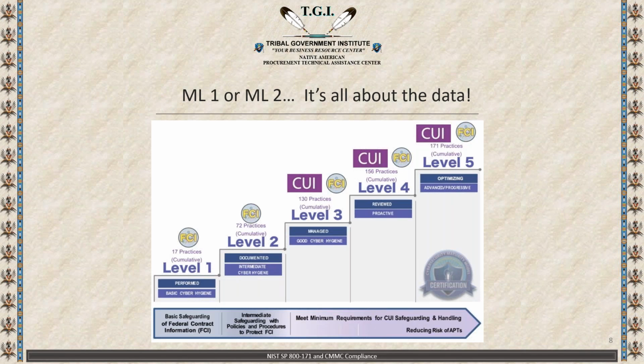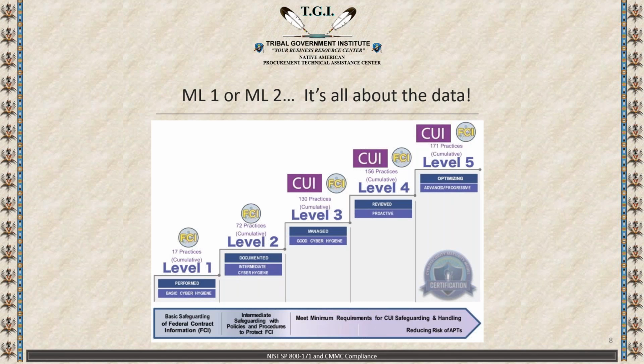CMMC maturity levels 4 and 5 are going to be very rare and aimed towards large prime contractors. Per the CMMC accreditation body, it is expected that only between 1 and 5% of the issued CMMC certifications will be for maturity levels 4 and 5. So really, the two principal maturity levels are level 1 with FCI and level 3 with FCI and CUI.